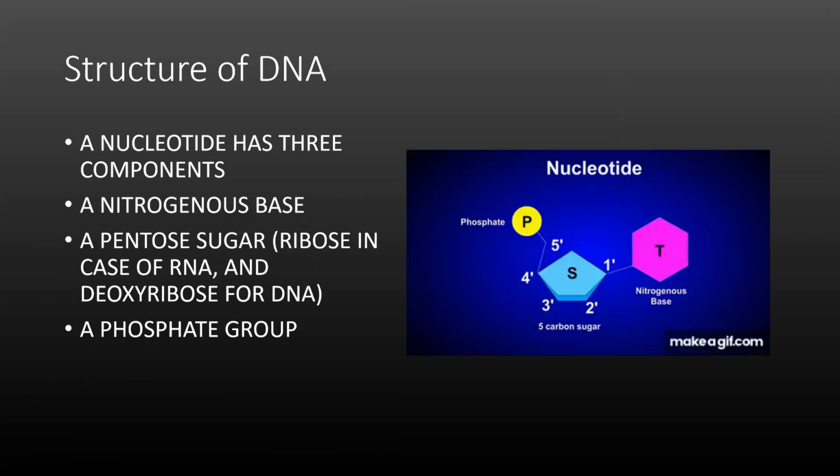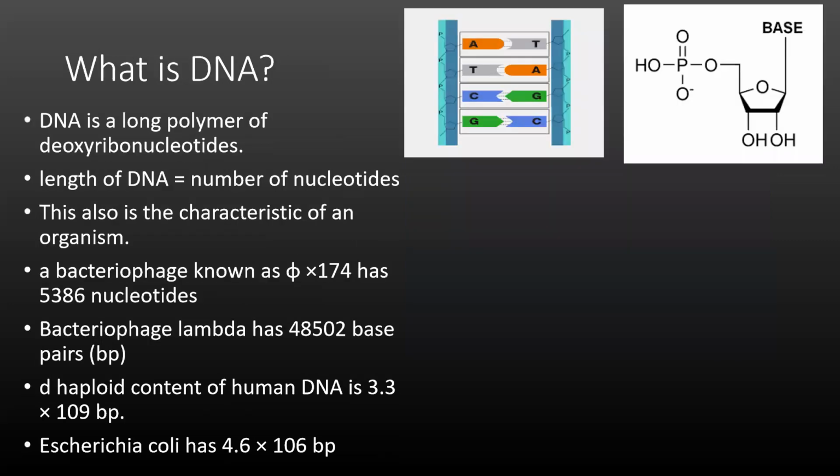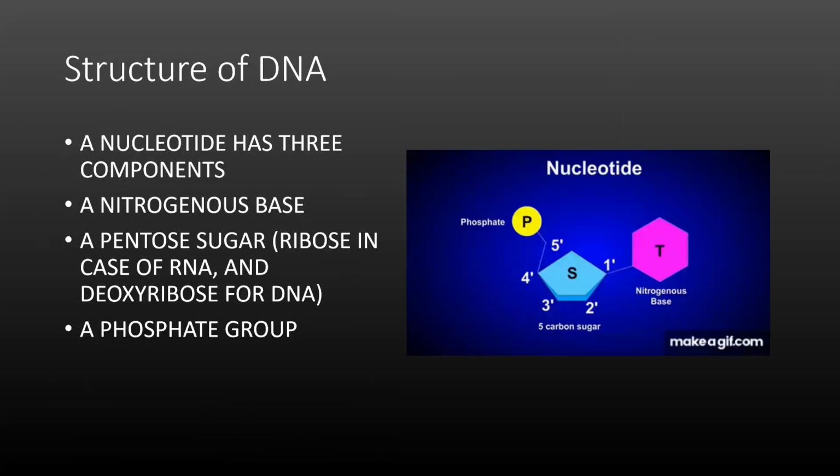Then let's see the next topic, the structure of DNA. DNA is made up of nucleotides. DNA is a long polymer of deoxyribonucleotides, so we first have to know the structure of a nucleotide.